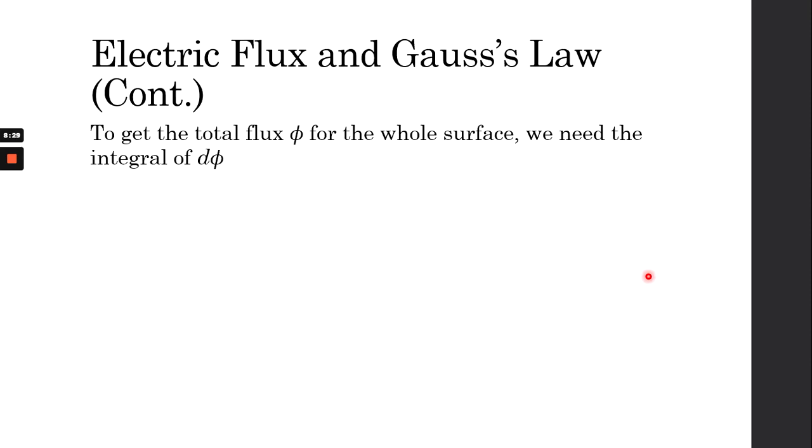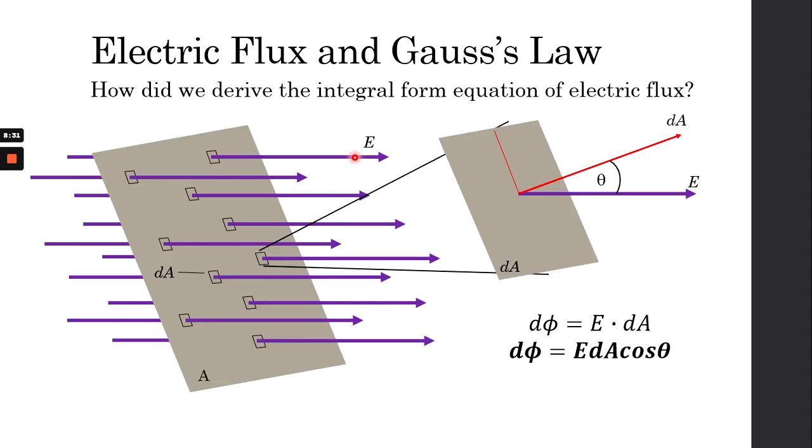And then in order for you to get the total flux, let's go back here. So this is the differential flux. This is the electric flux that is passing onto this small area. Therefore, if you want to find the total electric flux that is passing onto this massive surface right here, not only on this small part, what you want to do is basically add all these small differential fluxes.